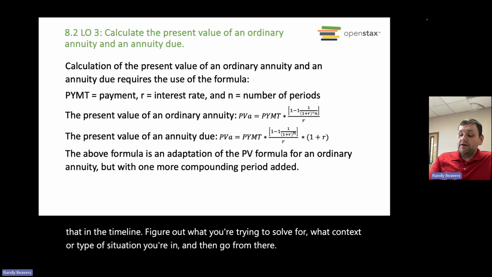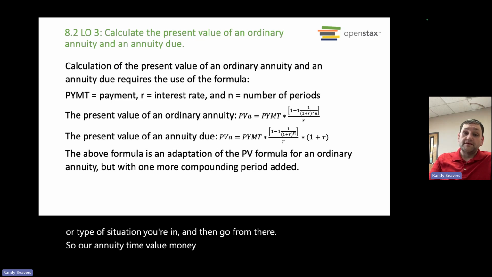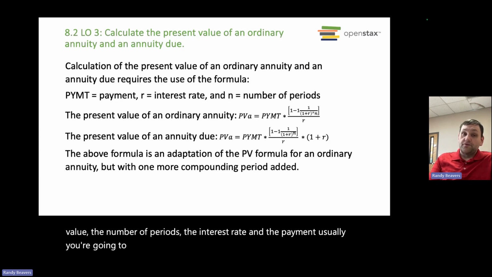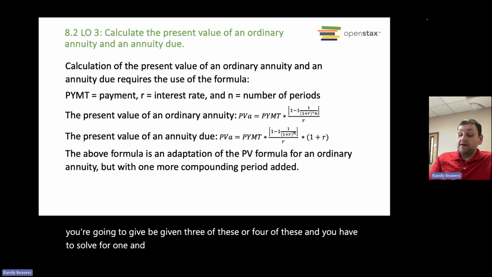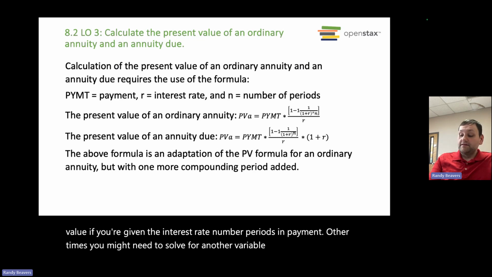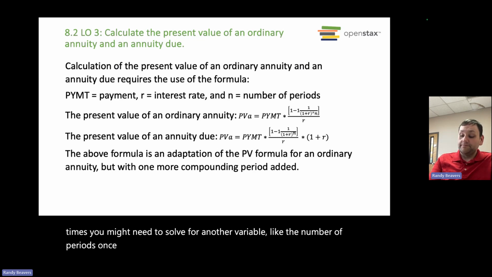So our annuity time value of money problems involve future value, present value, the number of periods, the interest rate, and the payment. Usually you're going to be given 3 or 4 of these, and you have to solve for one unknown. Sometimes you might be solving for the present value if you're given the interest rate, number of periods, and payment. Other times you might need to solve for another variable like the number of periods once you're given a present value and payment.